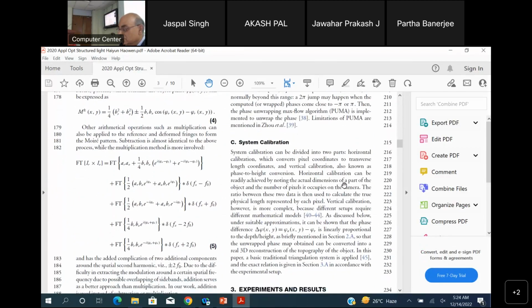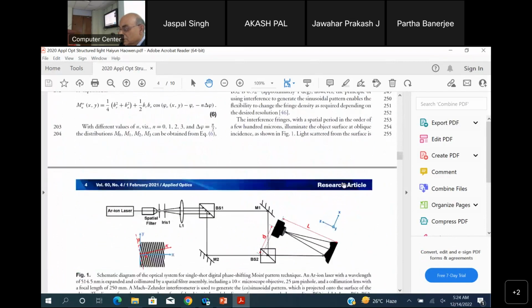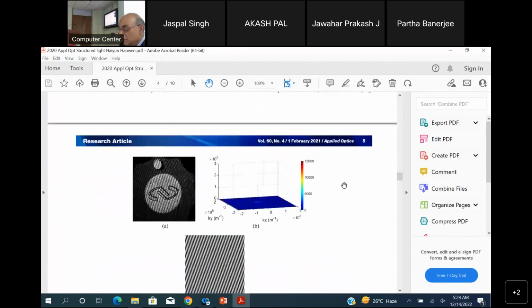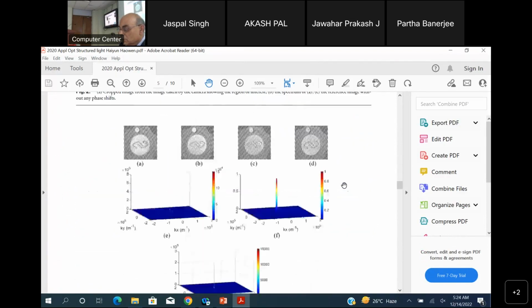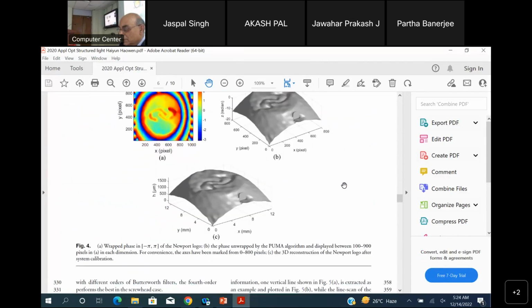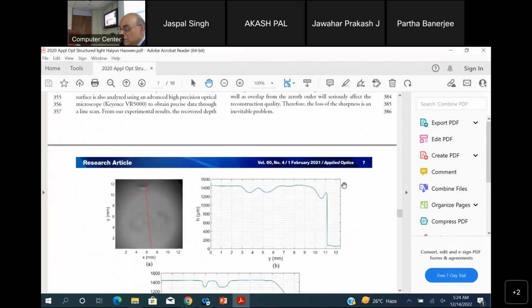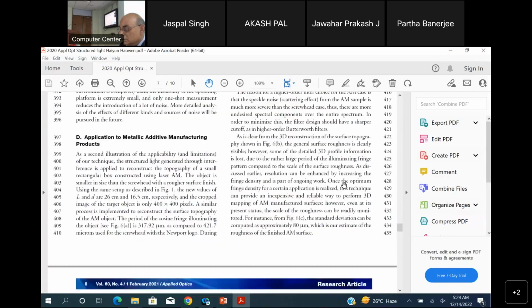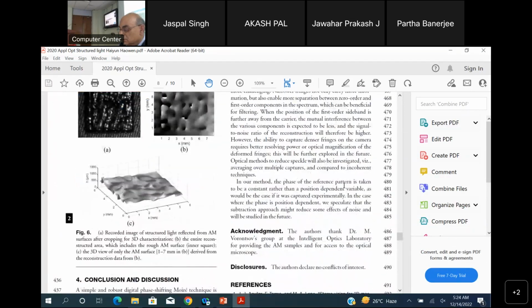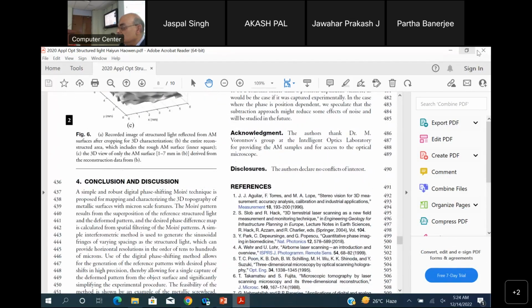Let me see if I have. This is the same experiment, the first one. The Newport logo. But the next one, I think here would be, no, this one doesn't have it. I think there's another.